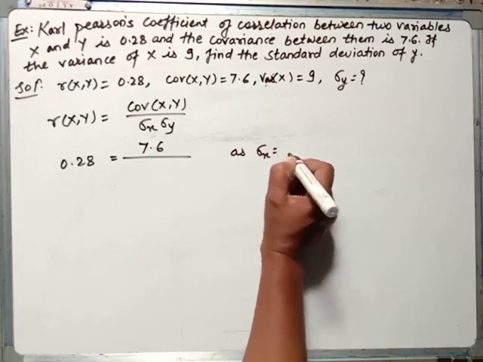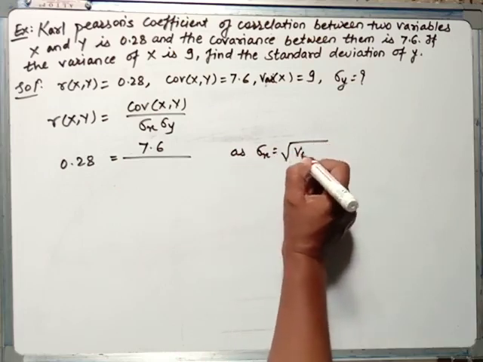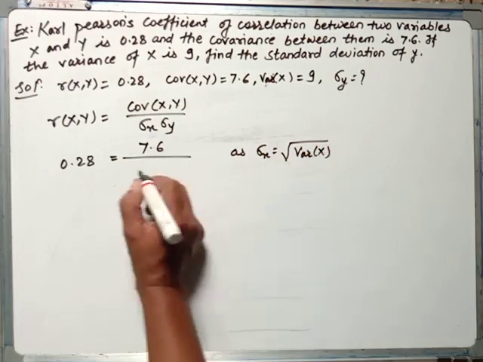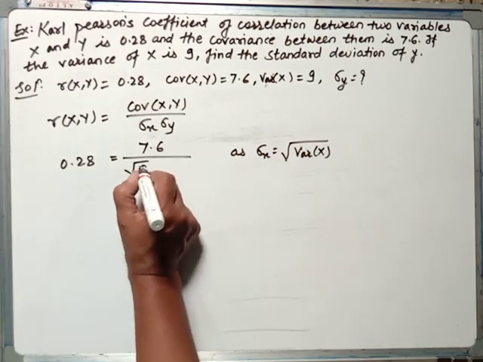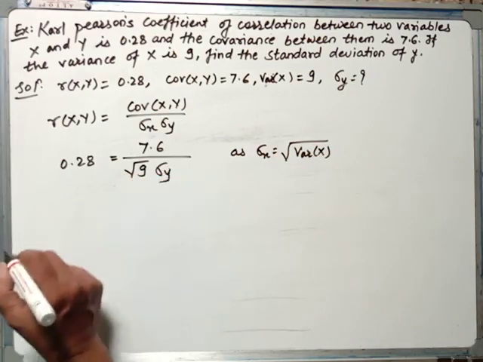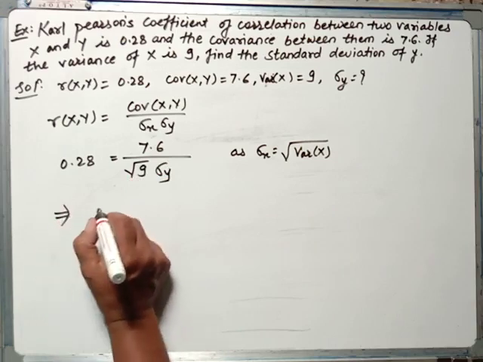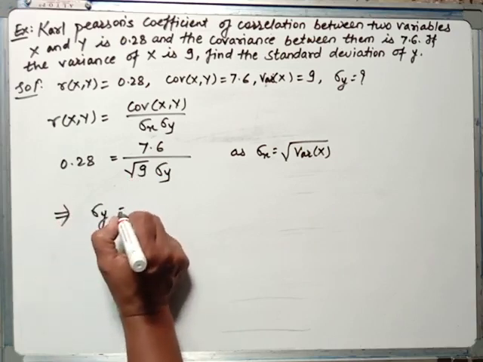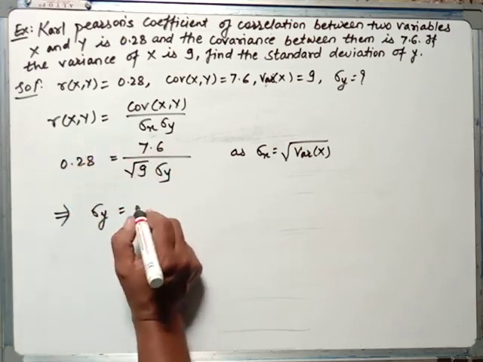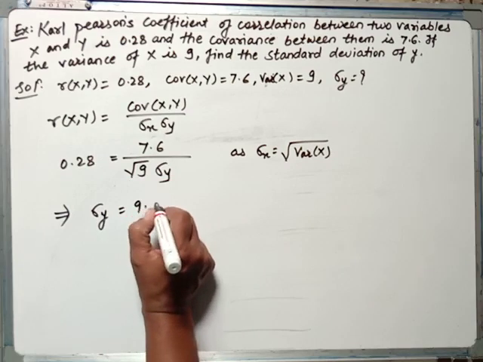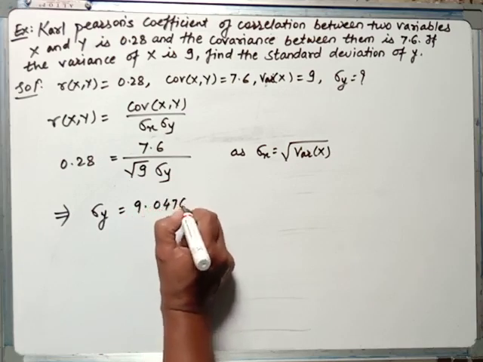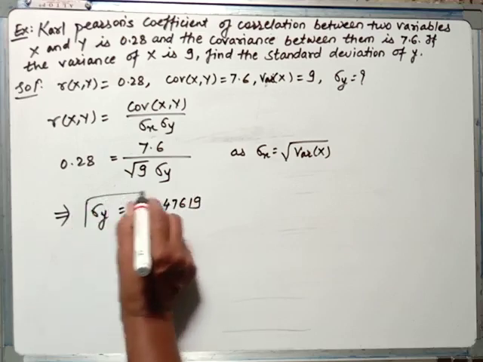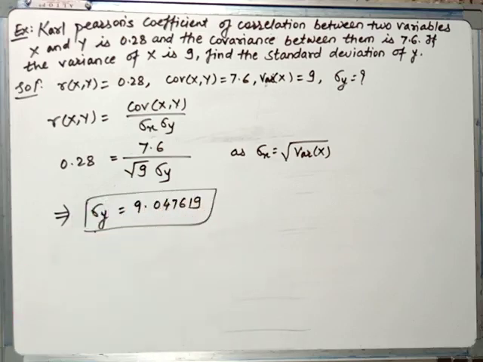Sigma x is the square root of variance of x. So it is square root 9 into sigma y. Therefore, by doing the calculation we get sigma y, the only unknown variable here. Sigma y is 9.047619. This is the answer for this sigma y.